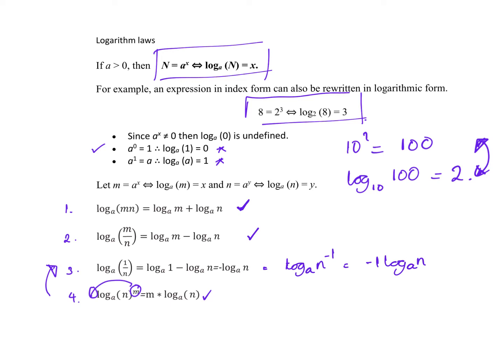Alright, and you don't write the minus, it just becomes minus log base a of n. So the manipulation of these rules is really, really important. Again, it's going to help us when we are finding intercepts and information for our graphs.